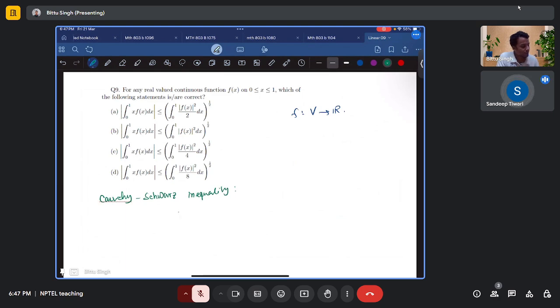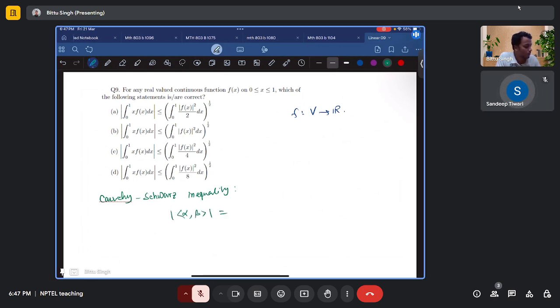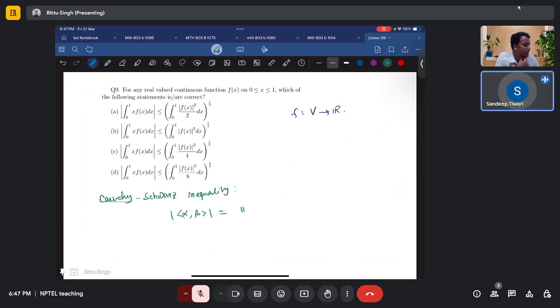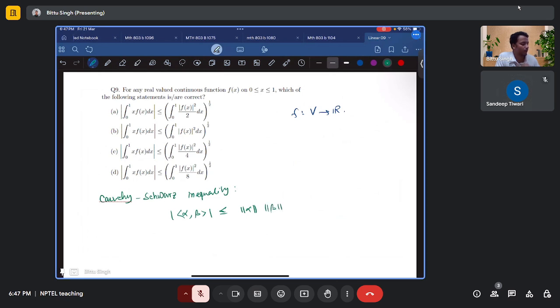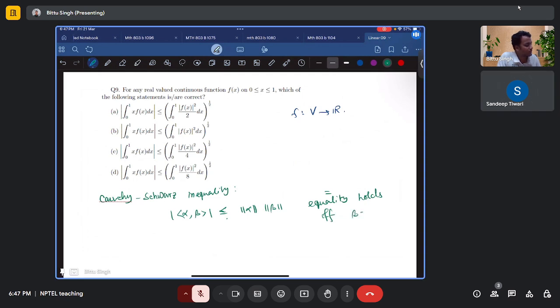It tells that the modulus of the inner product of alpha and beta is less than or equal to the norm of alpha times the norm of beta. Moreover, this inequality can be replaced by equality if and only if alpha and beta are linearly dependent, that is, beta is some c times alpha.